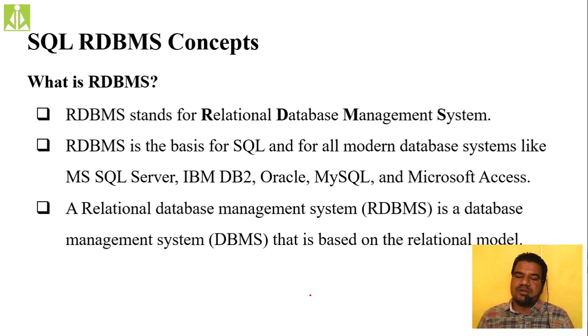A relational database system, RDBMS, is a database management system that is based on the relational model. Relational model in the sense, inside RDBMS we are going to put the data in the form of tables. Here in RDBMS, the table is nothing but your relation.